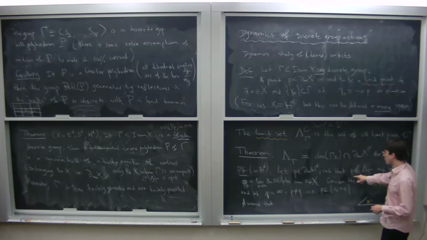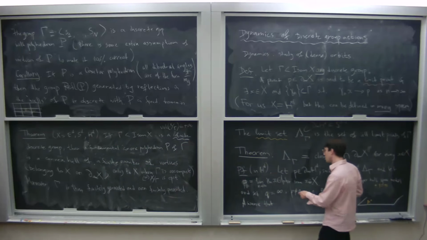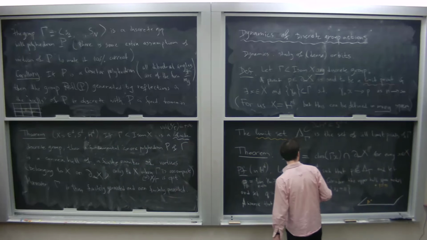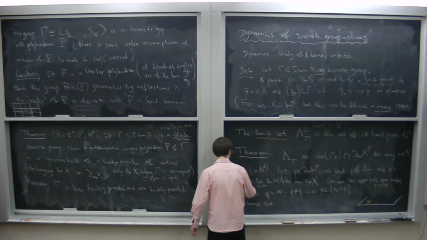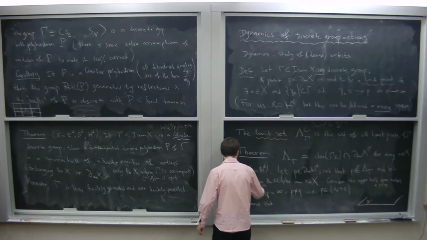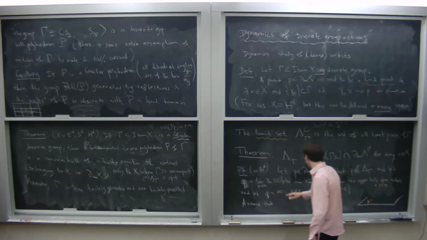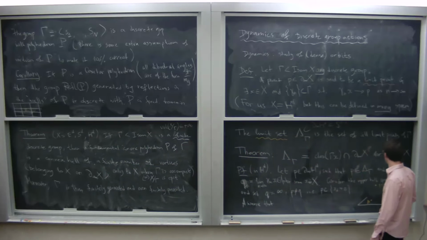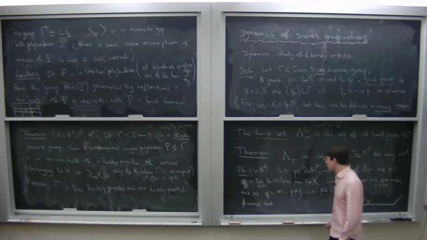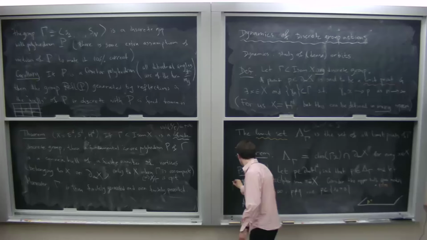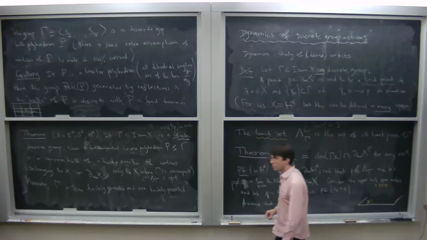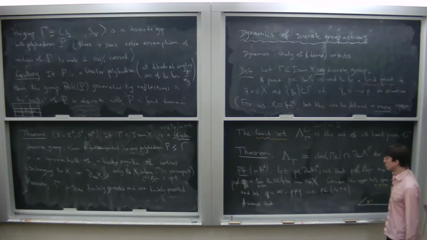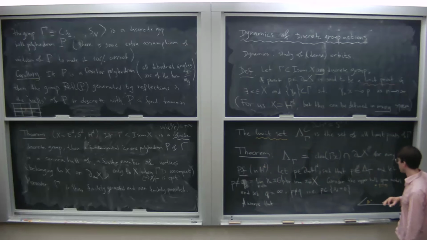So suppose that I have a point which belongs to lambda gamma, and Q is some limit point for some X, and Q is not equal to P, right? So this is the correct statement.